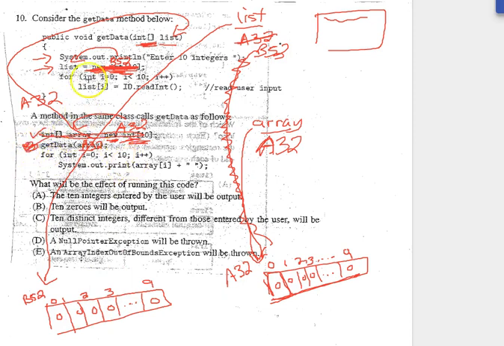Whoops, I'm sorry, that's not where I was. This for loop now executes, and you're supposed to assume that there's some readInt method in some fictitious IO class that only works for this exam question. And you're supposed to assume that i goes from 0 to 9.